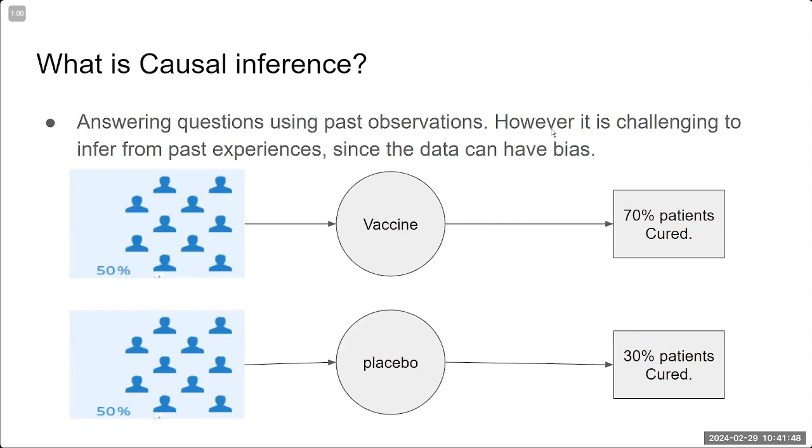So for example, here we have the same kind of situation. We have a treatment group and a control group, and for the treatment group we are giving them a vaccine. Let's say after giving the vaccine, 70% of the population are cured, and in the control group, there is no vaccine, there is a placebo, and 30% of patients are cured.